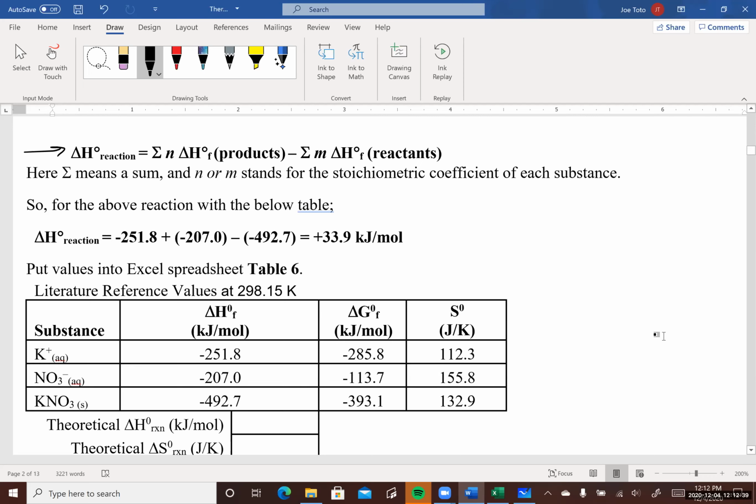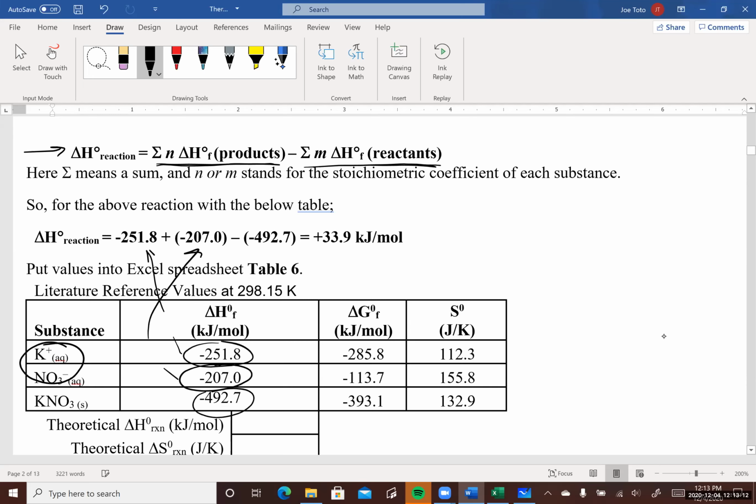You can see from the formula, it says take the sum of the delta H of formations of the products and subtract from it the delta H of the reactants. So in the equation, the delta H of the products are these two here. I have this delta H represented here, and this delta H represented here.